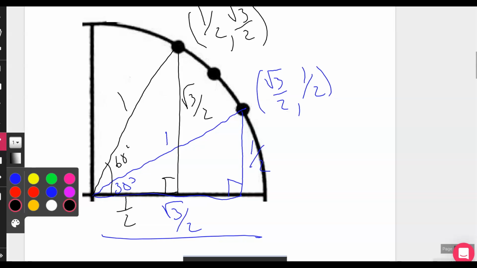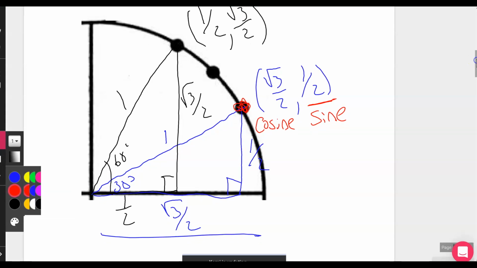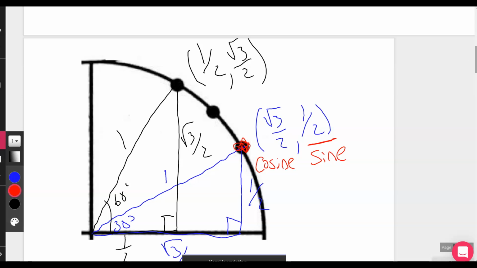All right, so this point that we're referring to right here is the 30-degree one. And we know sine is 1/2. Notice that's there. And so that's sine. And then cosine is root 3 over 2. Okay? So then, if we go over here at 60, this now is the 60-degree angle.